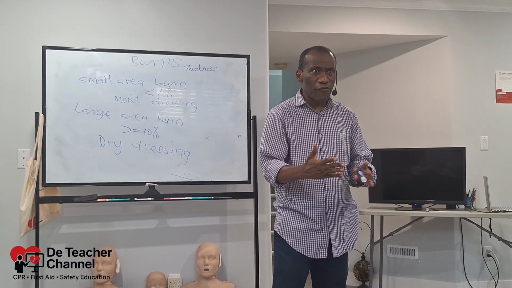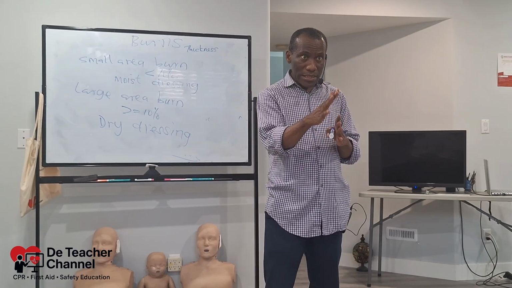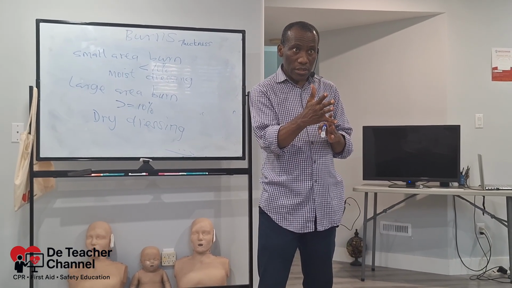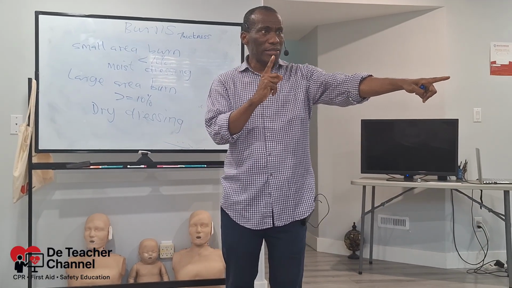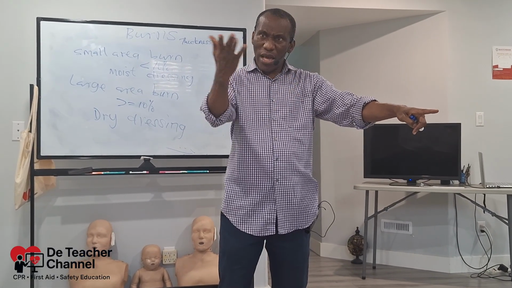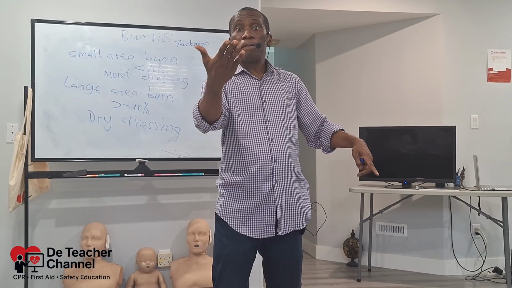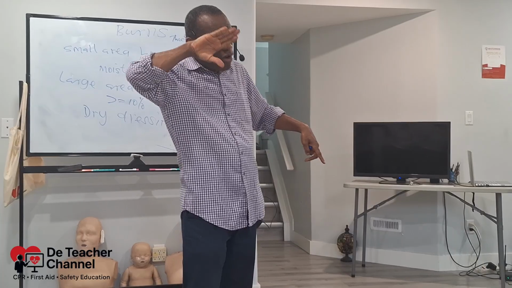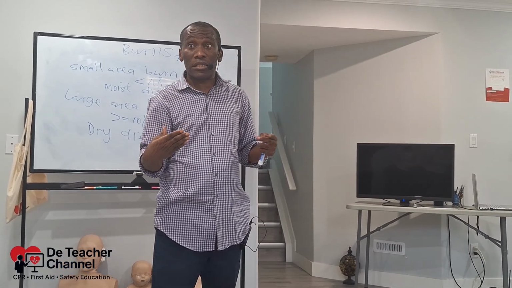What are some of the feelings? It stings, then pain. It will be very painful. It's going to irritate. It will be red, reddish and hot. Those are some of the signs and symptoms.